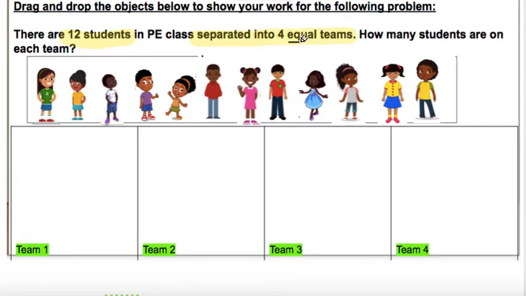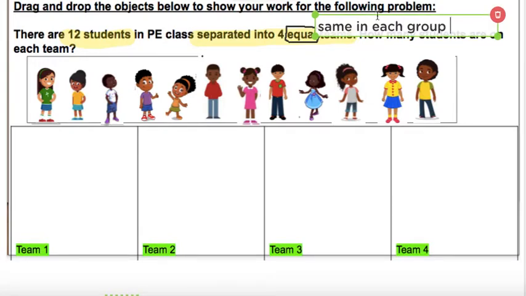I see that word equal though. What does that word equal mean? What do you think? Yeah, you guys, equal means the same in each group. So that means the same number of students has to be in each group.